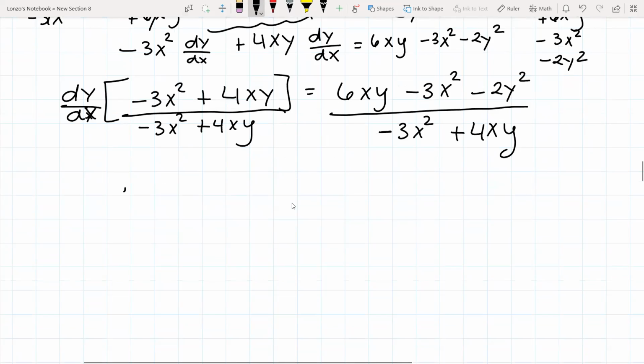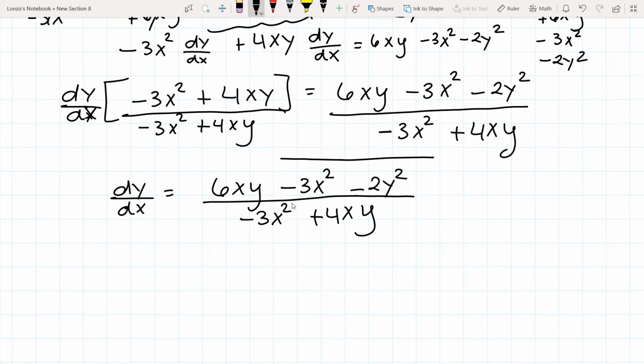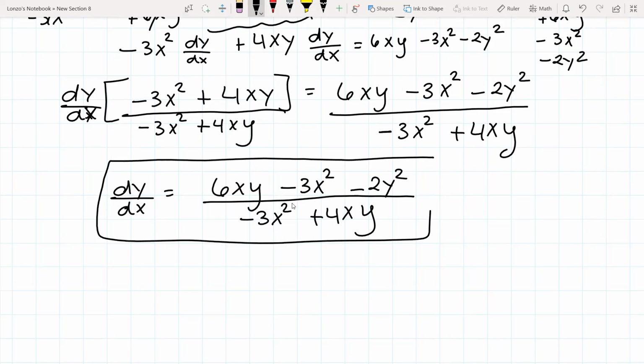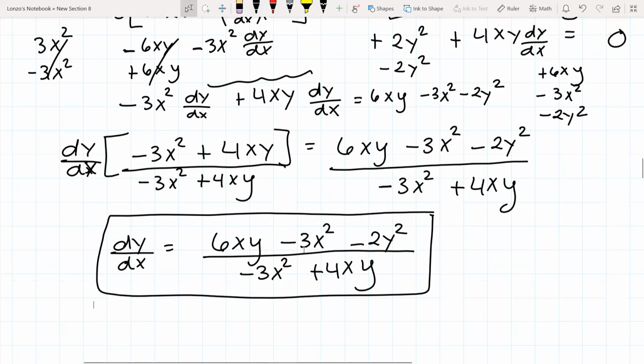So your final answer is dy over dx equals 6xy minus 3x squared minus 2y squared, all over negative 3x squared plus 4xy. That would be your final answer.